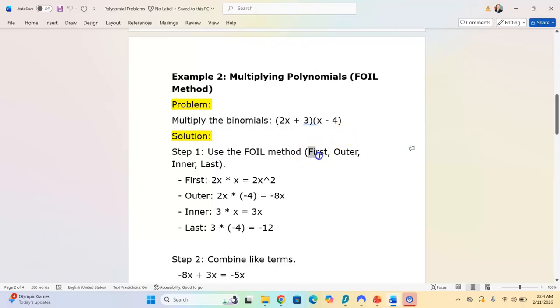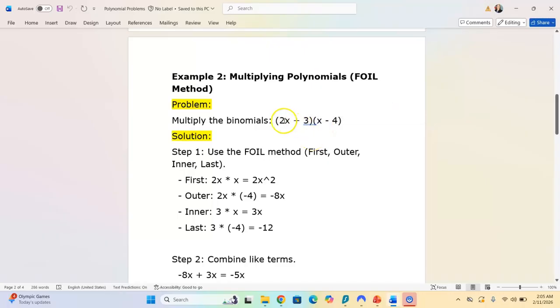You're going first to take 2x times x, which is going to equal 2x to the second power. Why? Because of the 2x in your first set of parentheses, times x. Anything butted up against each other, right? So if you had 3x, it means 3 times x. So this whole thing, even though it's more than one variable, is multiplied times the x.